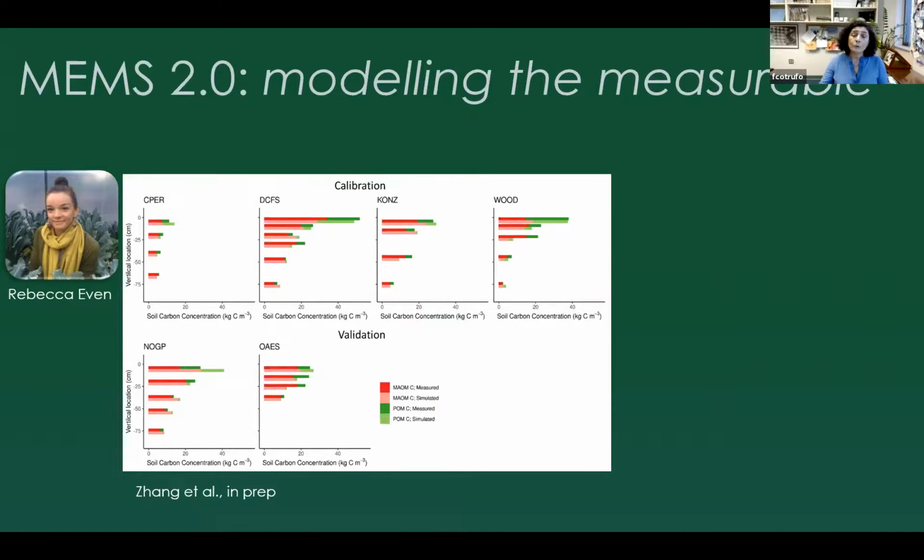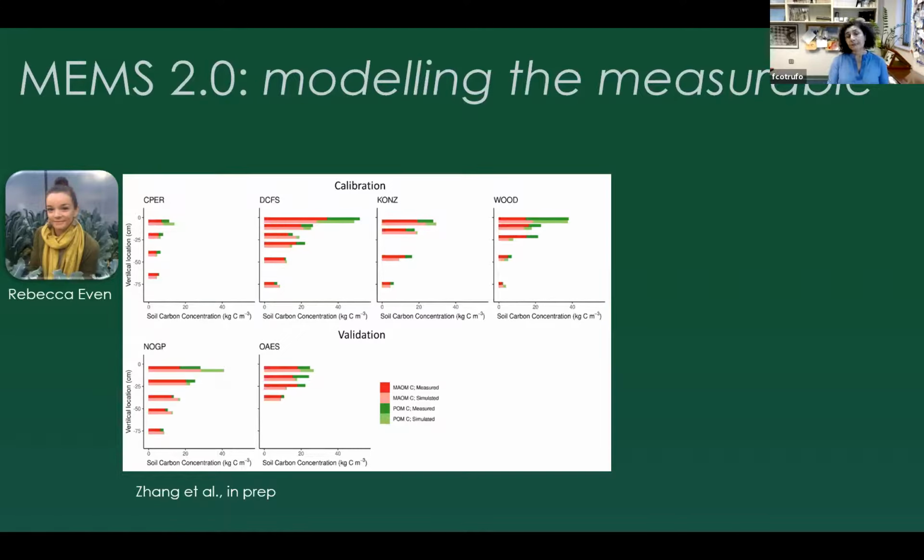And then Yao used those measured data to, on one hand, calibrate across 4 different grasslands in the NEON network, and then validated across 2 other grasslands. And as you can see, of course, it's not perfect, but we are doing pretty well. And that's the first iteration of the model.